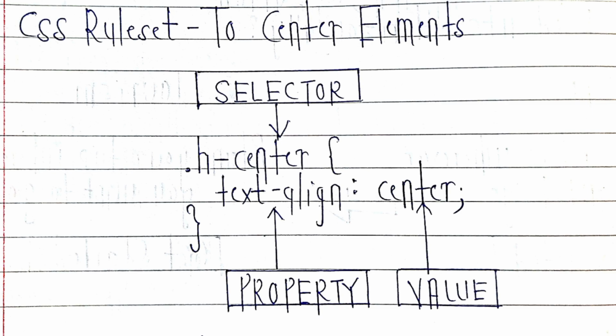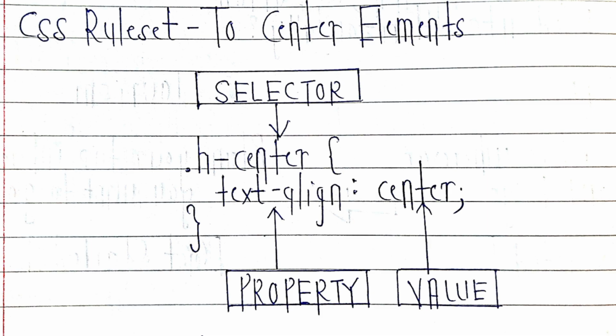Step 1, Selector. We start with something called a selector. In this example, we have h-center. This means we are selecting all the elements in our HTML that have a class name h-center.